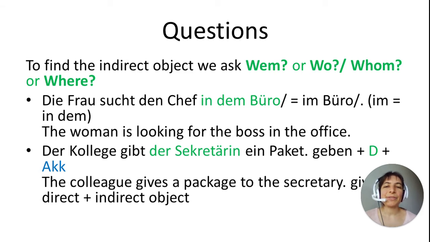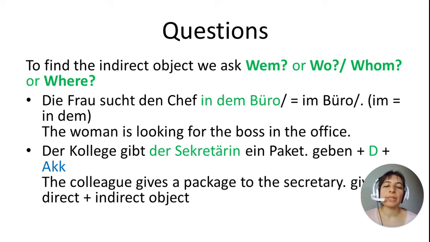Okay, so to find out what case to use, you should ask the questions for discovering dative, that are wem or wo. Wem, whom, or wo, where. For example, die Frau sucht den Chef in dem Büro.